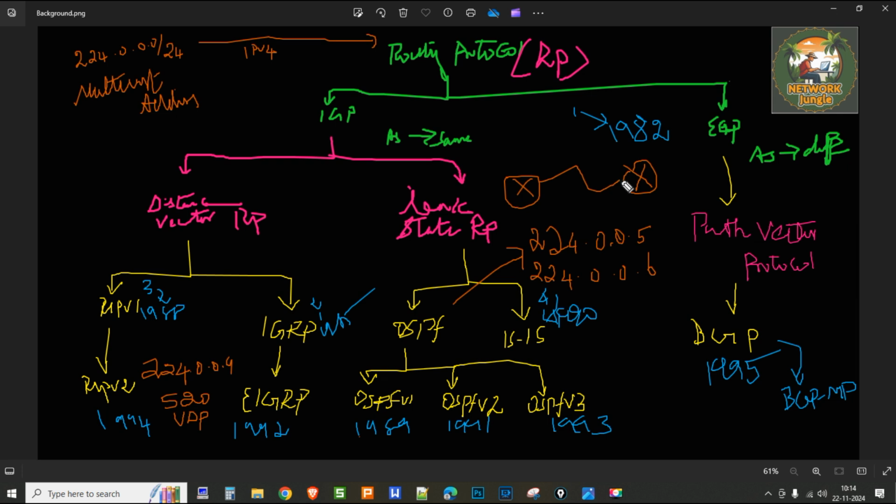It shares the routing protocol information between the routers using 224.0.0.5. That is the same area. If it is multiple different areas or different protocols, it uses the IP 224.0.0.6. 224.0.0.5 is the same area. 224.0.0.6 is the different area. I can explain in detail in the OSPF topic. It uses protocol 89.